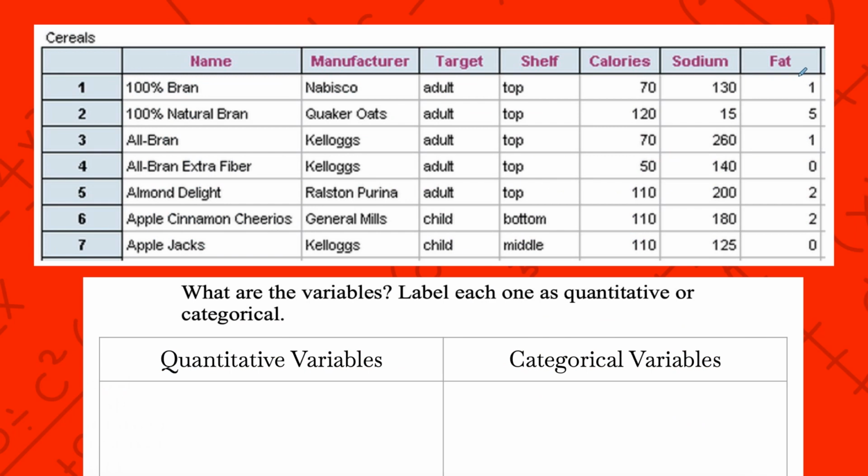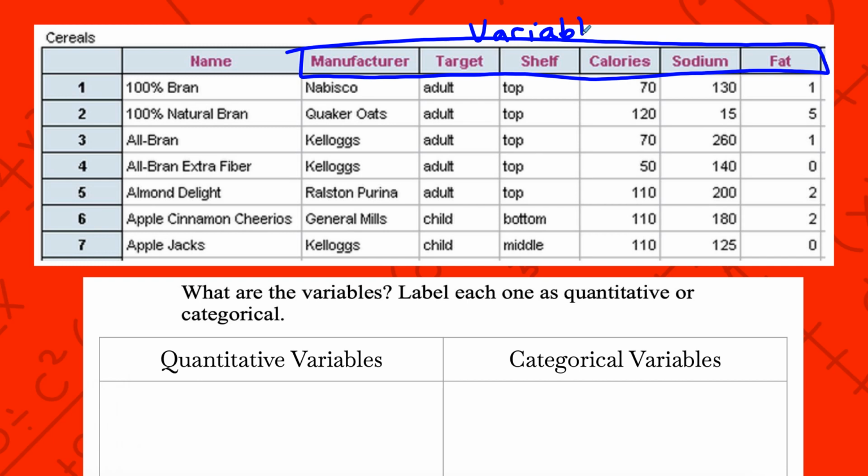Label each one as quantitative or categorical. So I just made it into a little table. It doesn't quite match your notes, but it's the same idea. But these right here, these are our 1, 2, 3, 4, 5, 6 variables. These are the things that we're asking about the cereal. These are the pieces of information we want to know about the cereal.